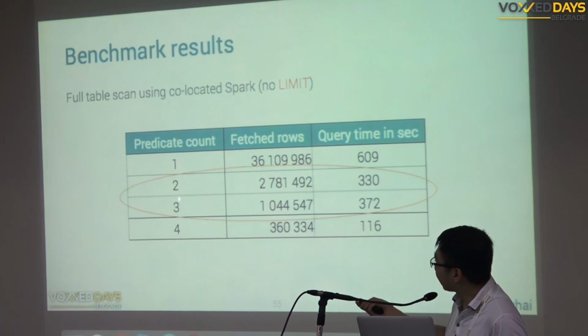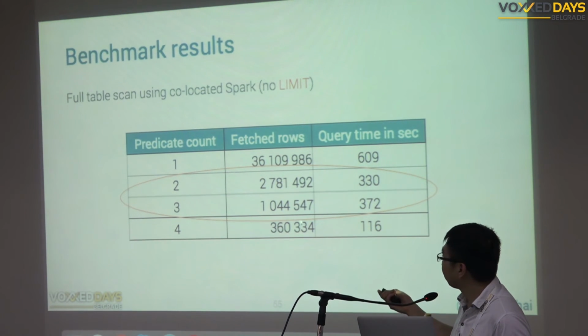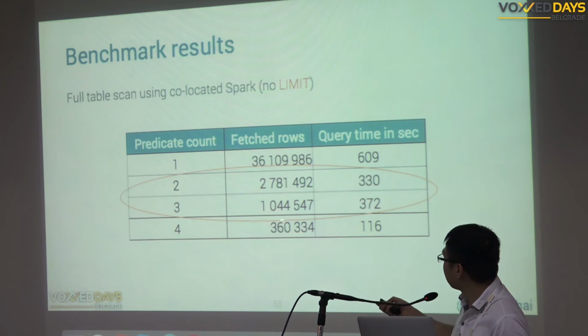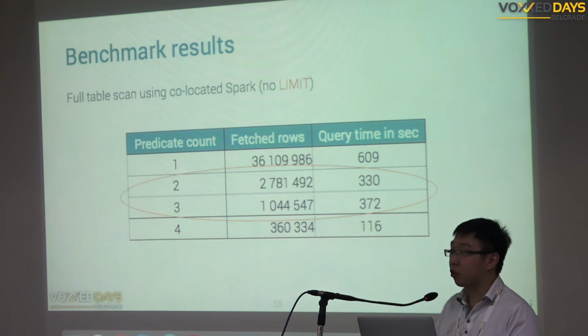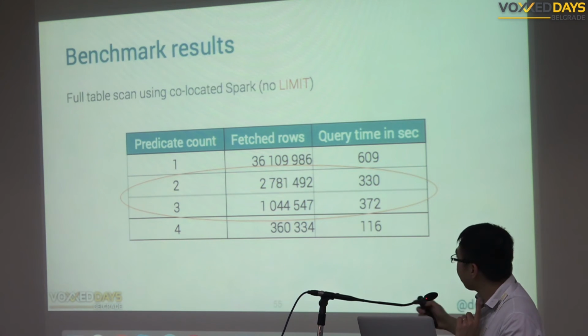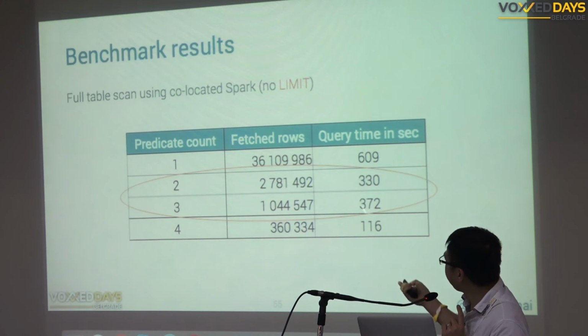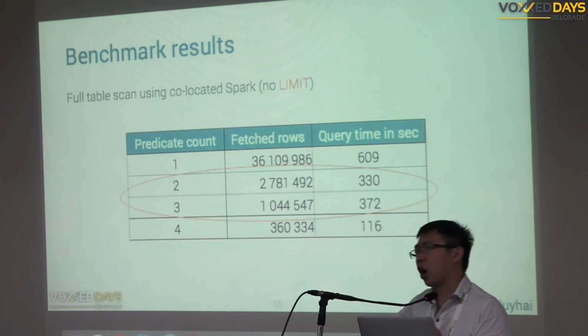And the more I add predicates, of course, the more I filter. So the fewer rows I have, and of course the query time will decrease, except this case. I add one extra predicate, I have fewer rows, but still the query time is a little bit bigger. Why?